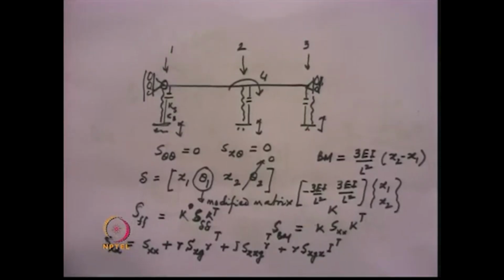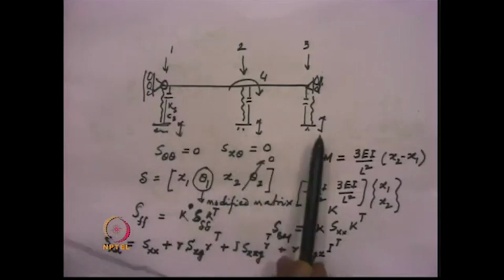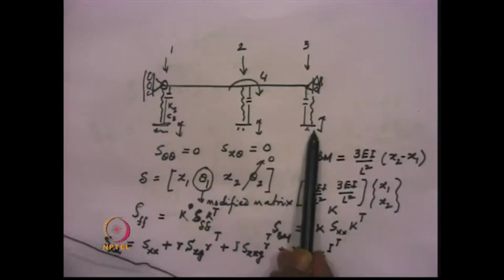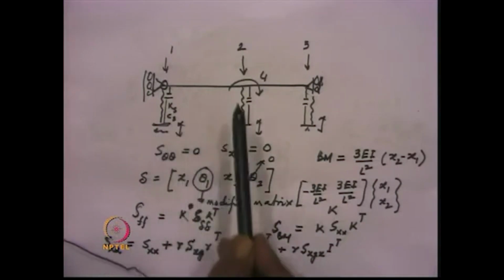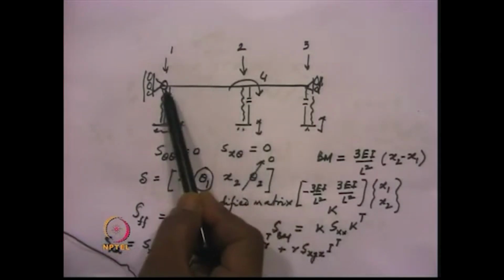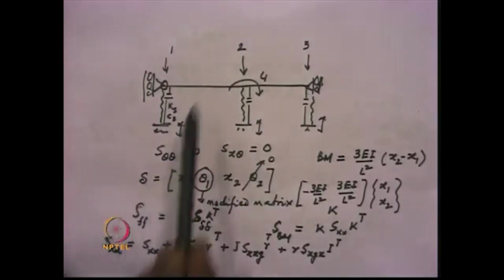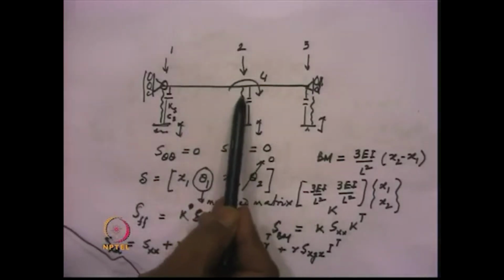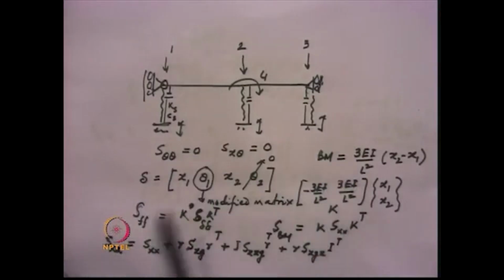Now, the important part of this analysis is that if the ground motions are not the same at different points, then one cannot obtain the bending moment at this particular point, that is at the center, the way that we have obtained it, from the relative displacements.